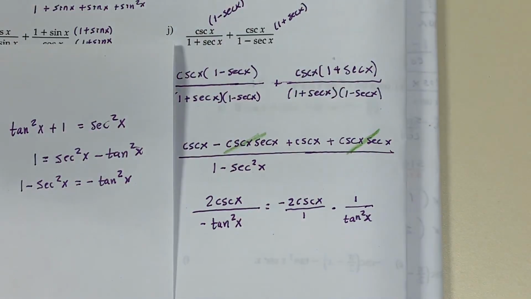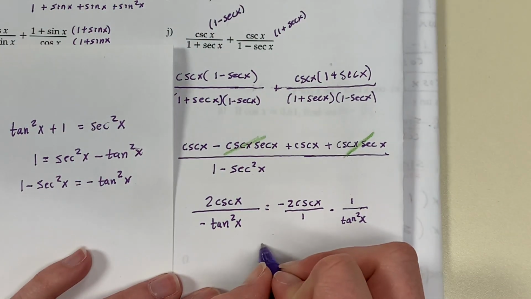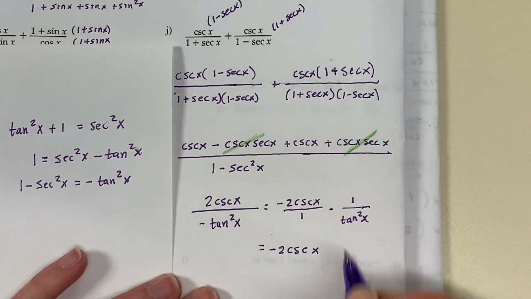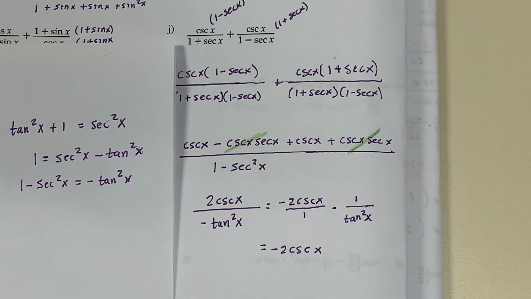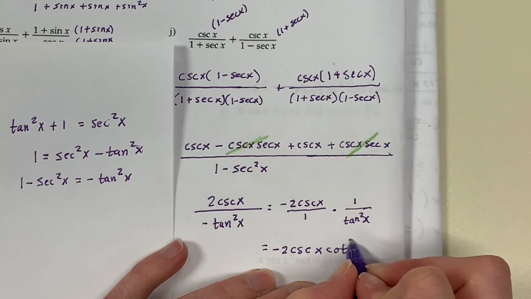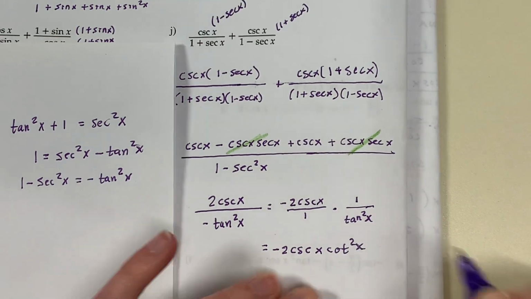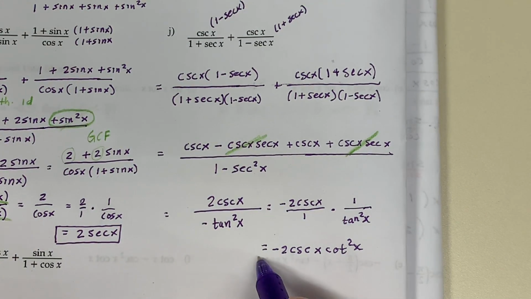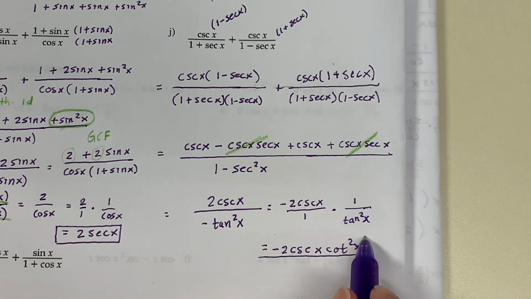Now I can't do anything with the negative 2 cosecant x. That's going to remain. But 1 divided by tangent squared x is equal to cotangent squared x. So this expression is equal to negative 2 cosecant x cotangent squared x.